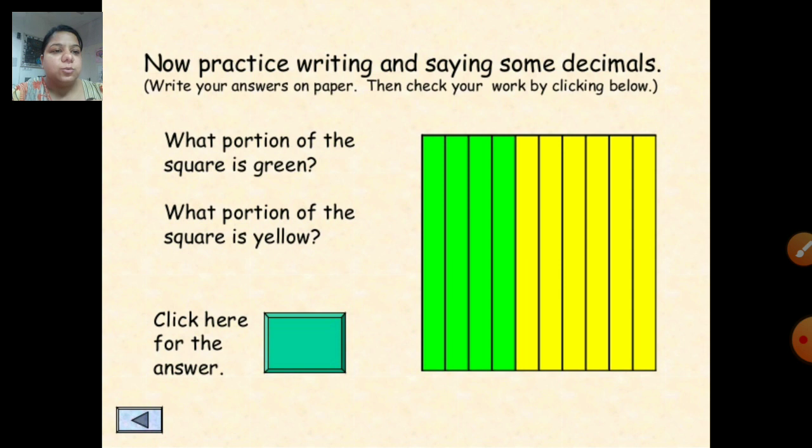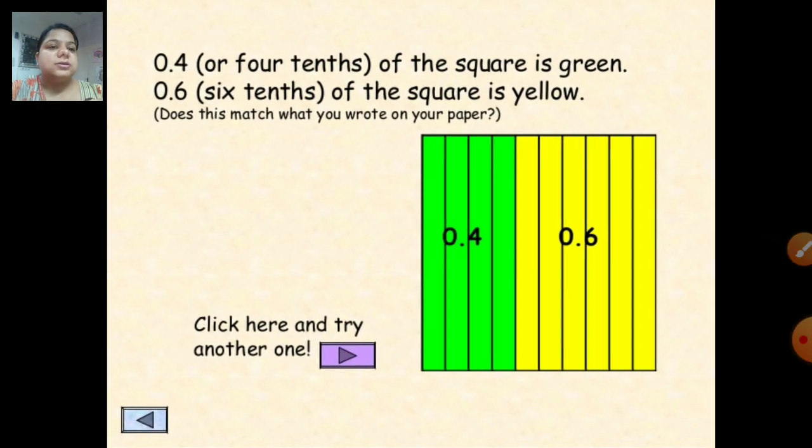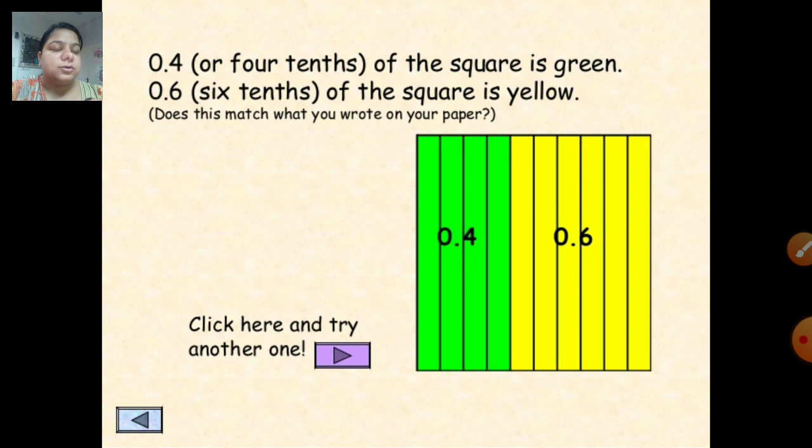Just count. There are 4 strips and the whole square is divided into 10 parts. So 0.4, because these are 4/10 strips. 4/10 of the square is green and 6/10 is yellow. So 0.4 is the green part and 0.6 is the yellow part.